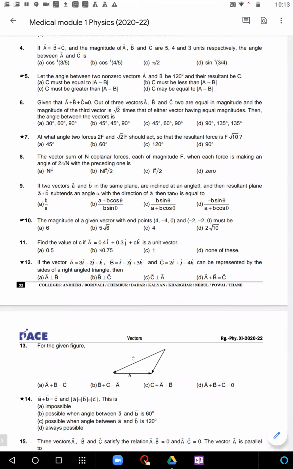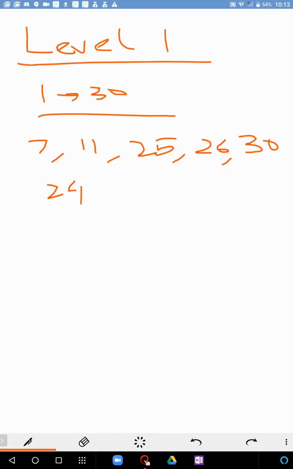$11. All right. So find the value of C if A is equal to 0.4 I cap plus 0.3 J cap plus C K cap. If this vector is a unit vector, find the value of C. All right, so simple.